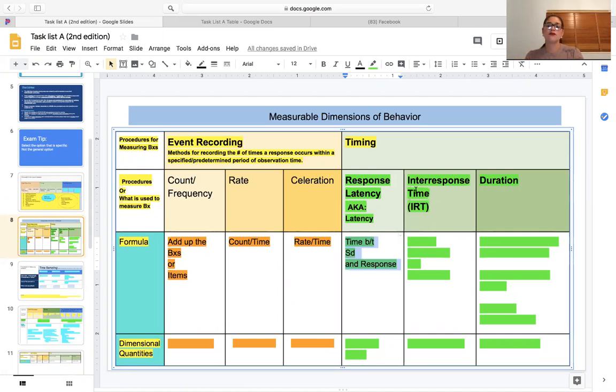And which one is for inter-response time? The end of one behavior till the beginning of the next behavior. Good.